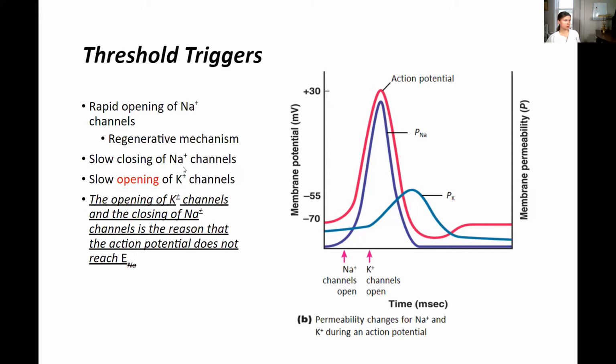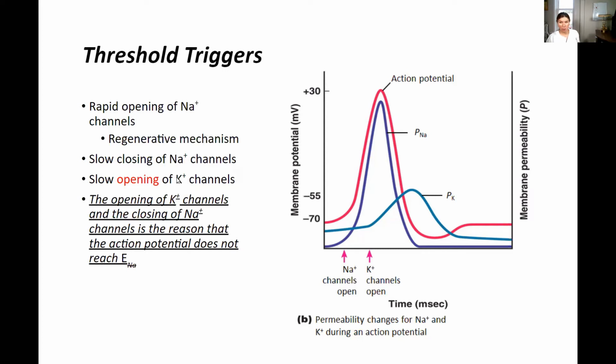Eventually this brings us to our peak of +30, at which point our slow closing doors start to close. So we have our inactivation gate for the sodium channel. That was on a sort of 1 millisecond delay, so it starts to close, and we can see our permeability to sodium going down. And our potassium voltage-gated channel is also on delay.